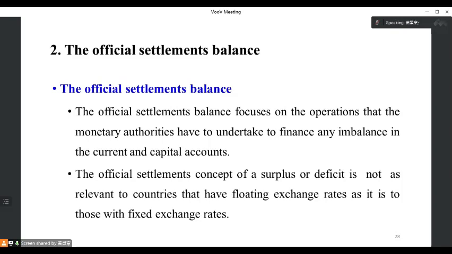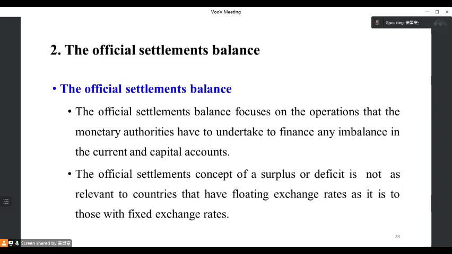This segment tells us that when a country's current account is unbalanced, the government or monetary authority has to undertake actions to balance the imbalance in current and capital accounts.